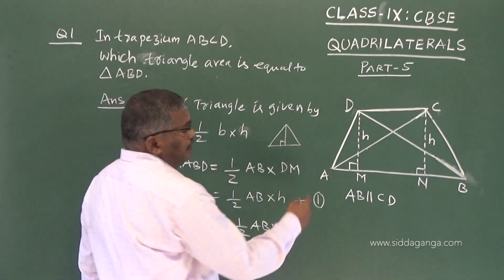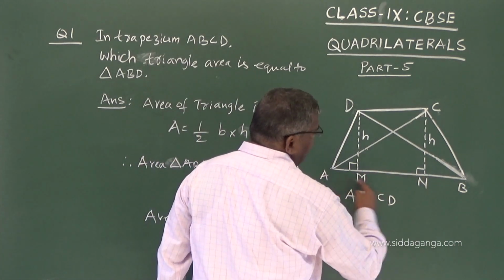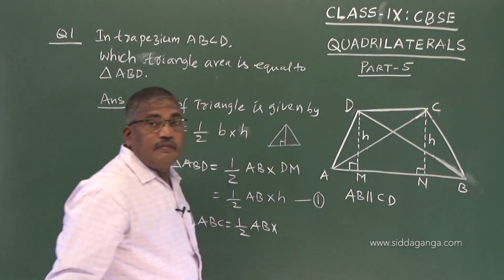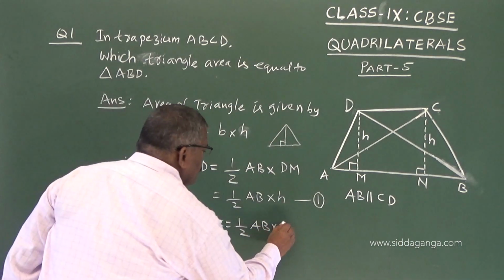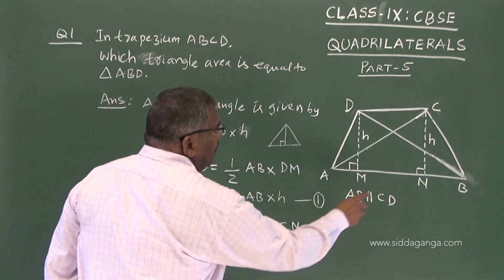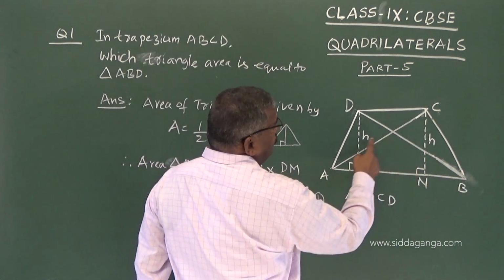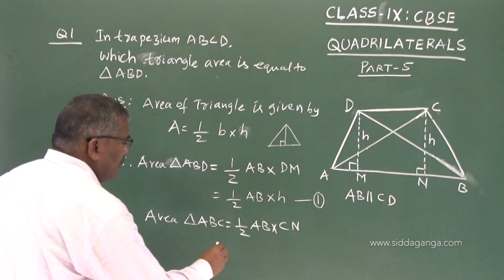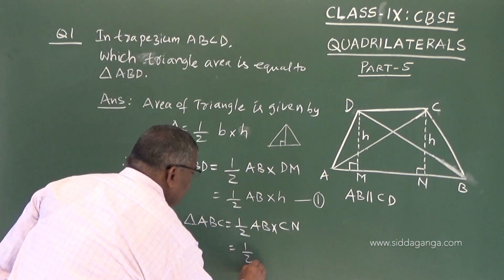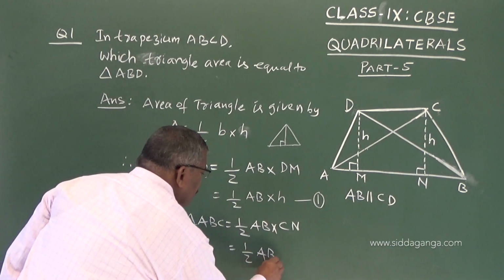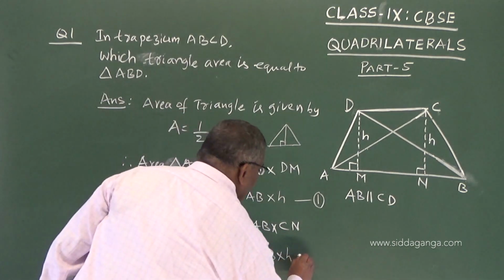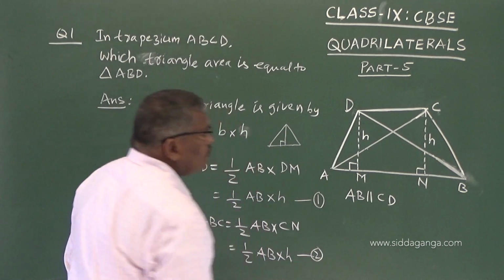Sorry, the height of the triangle ABC is CN. But CN is also equal to H because these two lines are parallel. Therefore, I will write half AB into H. You can call this equation 2.